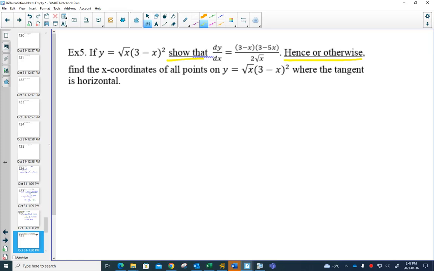If you use any other technique, they give you 0. In a hence question, you have to use what you just figured out. In a hence or otherwise, what you just figured out is a hint. That would probably be the easiest way to do it.